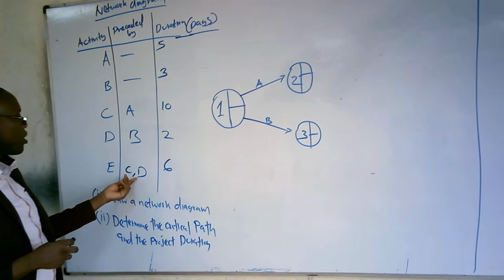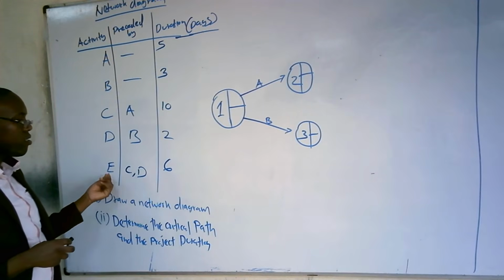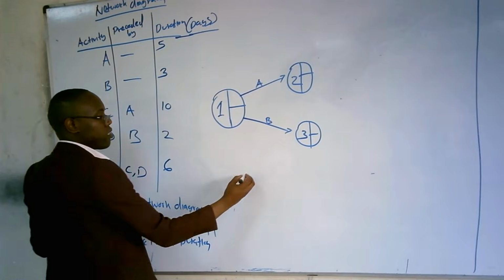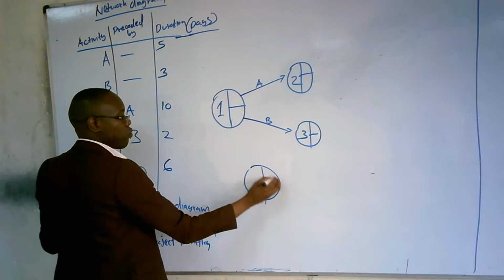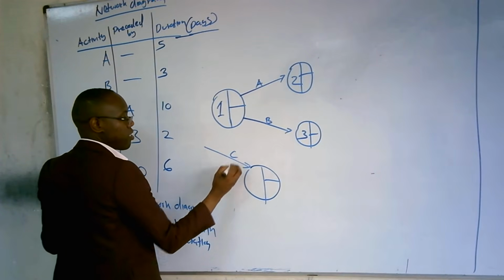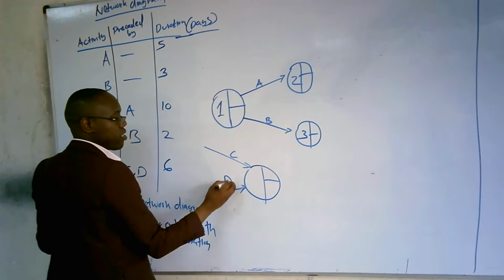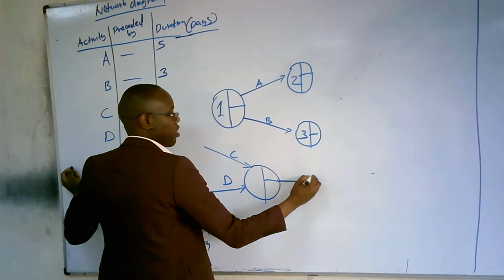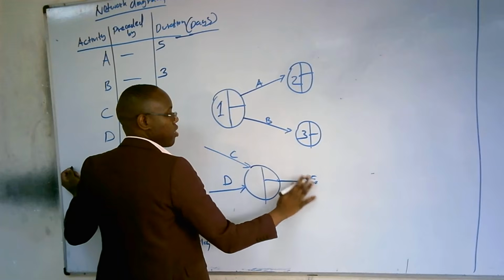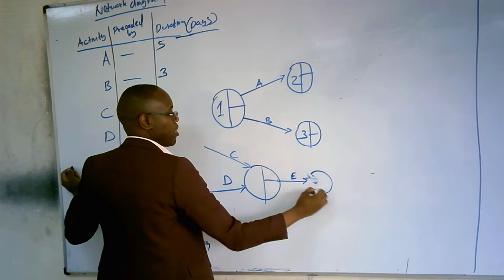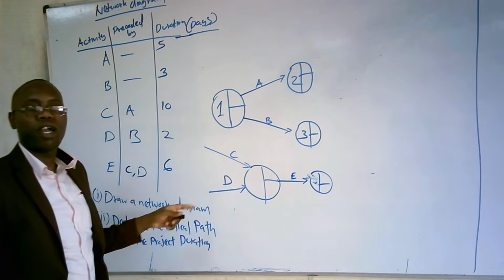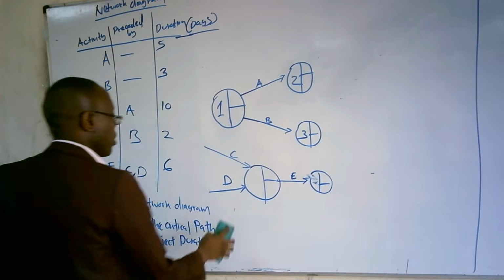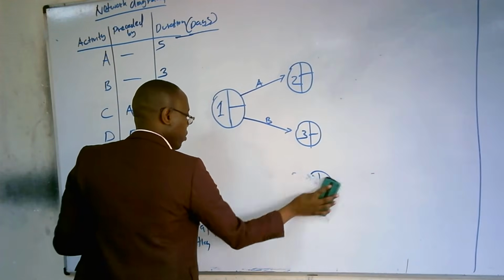So we must ensure that when we draw activity E, C and D end together before you start activity E. That is what it means, and that's why we have to focus ahead and see the direction of the network. So now, this is what we are going to do here.